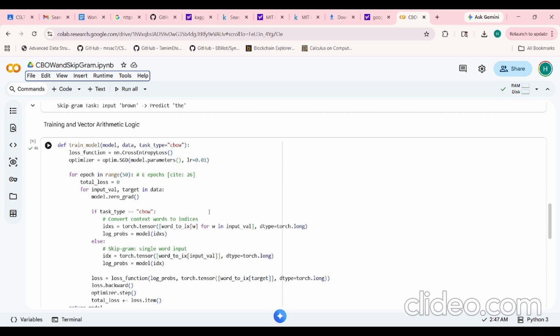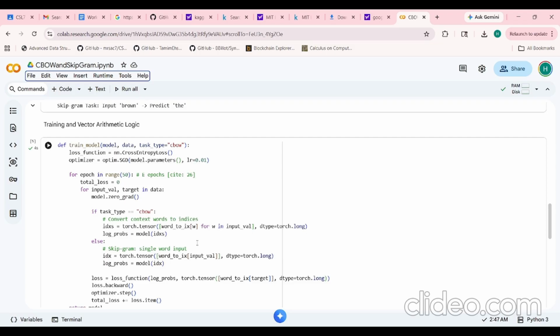Moving to the fourth cell, which brings the theory of computational complexity into a functional loop, we use cross entropy loss and an SGD optimizer. In the actual paper, the authors used this distributed framework to run hundreds of these loops in parallel. The loop iterates through epochs. Each time model backward is called, the gradients are updated using AdaGrad, which adaptively adjusts the learning rate.